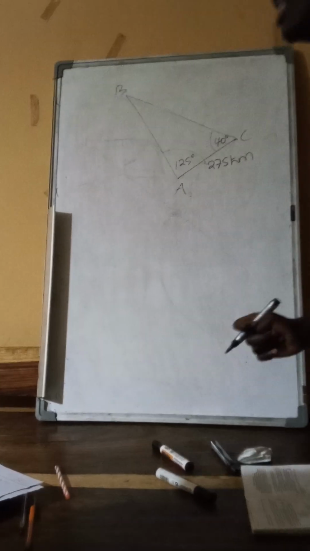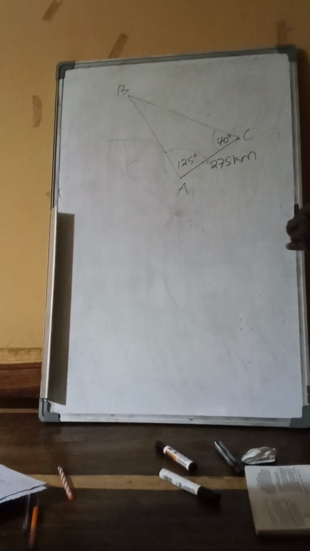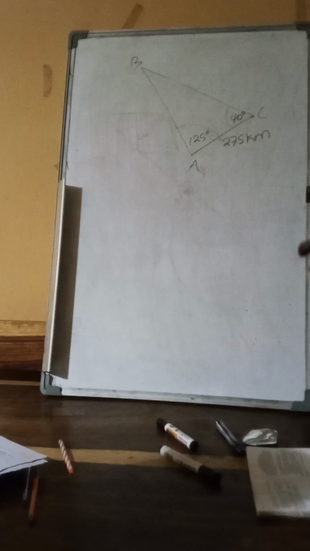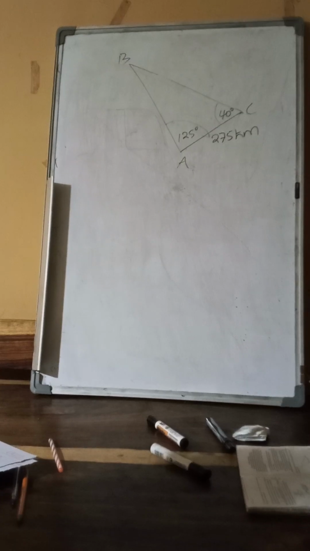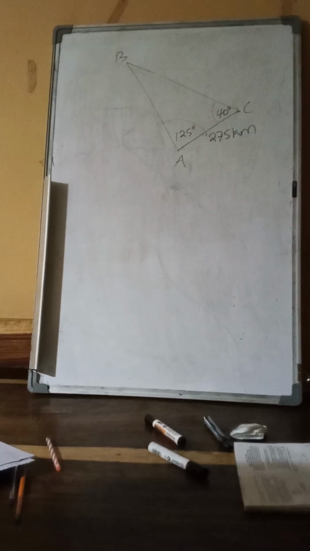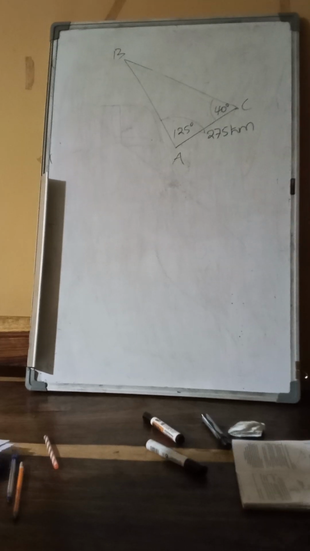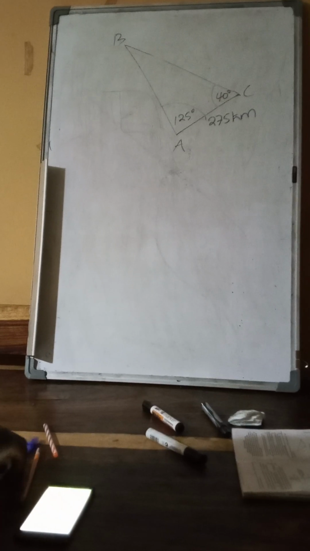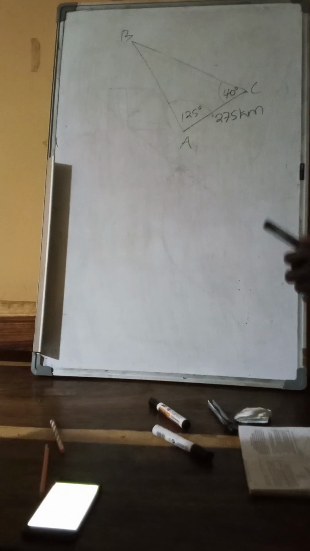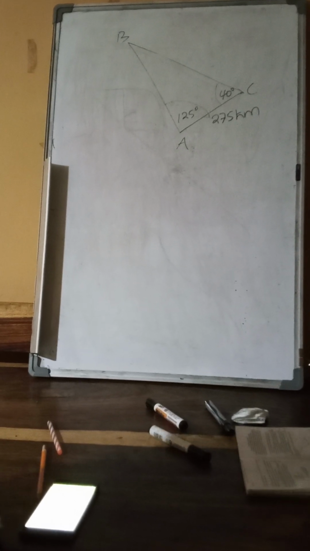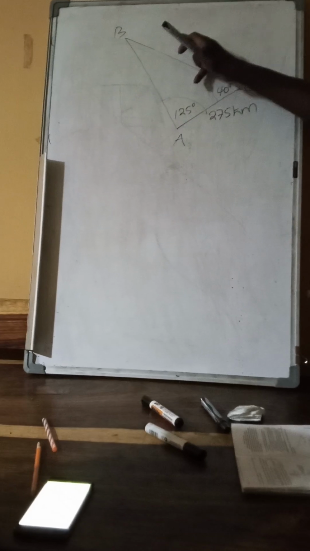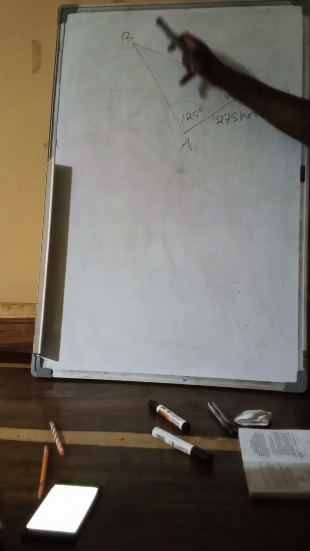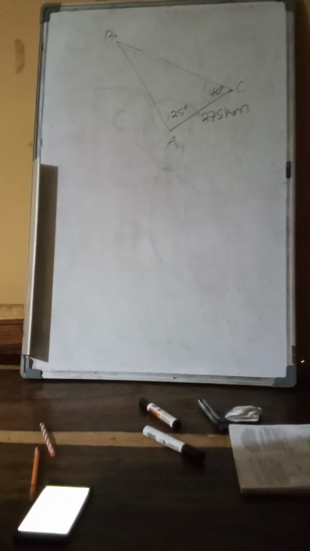Now there has been a debate on which one I'm going to use, either sine rule or cosine rule. In a case where you're given two angles and one side, without arguments, you use sine rule. You only use cosine rule if you have been given two sides and the angle between.